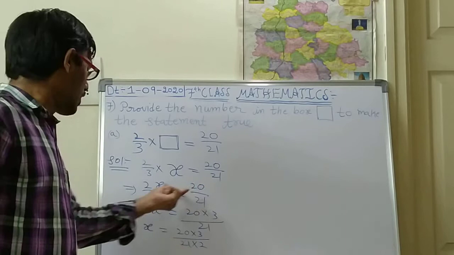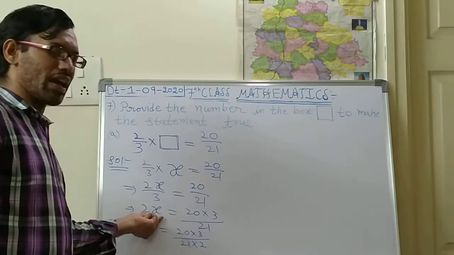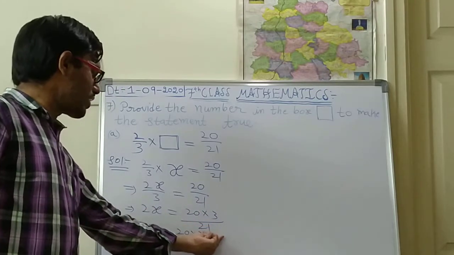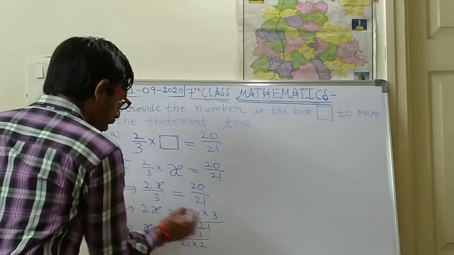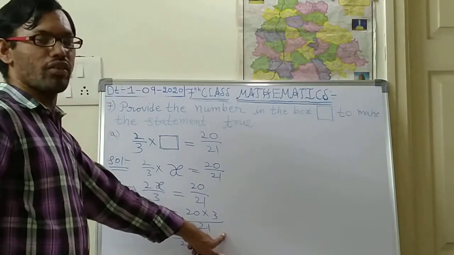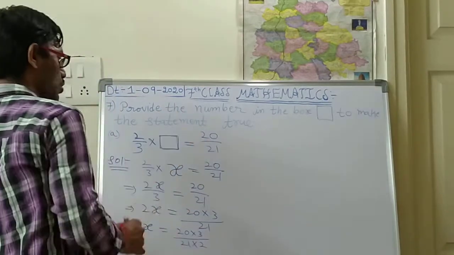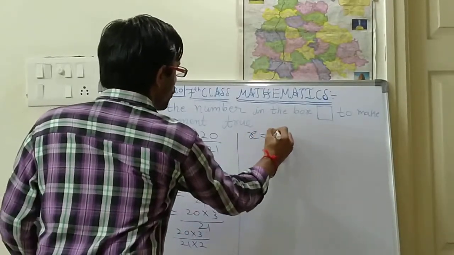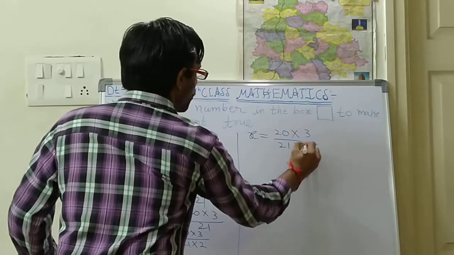Whatever the numerator number is multiplying with the x, after going to the RHS part, it will multiply with the denominator. That means this 2 will go to the denominator of the RHS part. So like this, x is equal to 20 into 3 by 21 into 2.